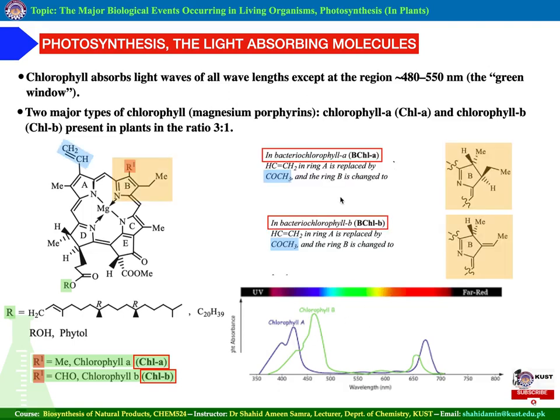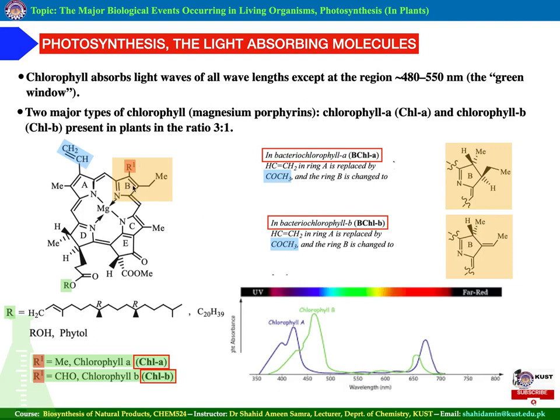Now, if you look at the bacteria that can carry out the process of photosynthesis, we see that in the case of bacteria chlorophyll A, this group, that is CH double bond CH2, is replaced by COCH3, that is an acetyl group. So in both chlorophyll A and chlorophyll B, in the case of bacteria, this group will be replaced by an acetyl group. But when we look at ring B, it is further modified.